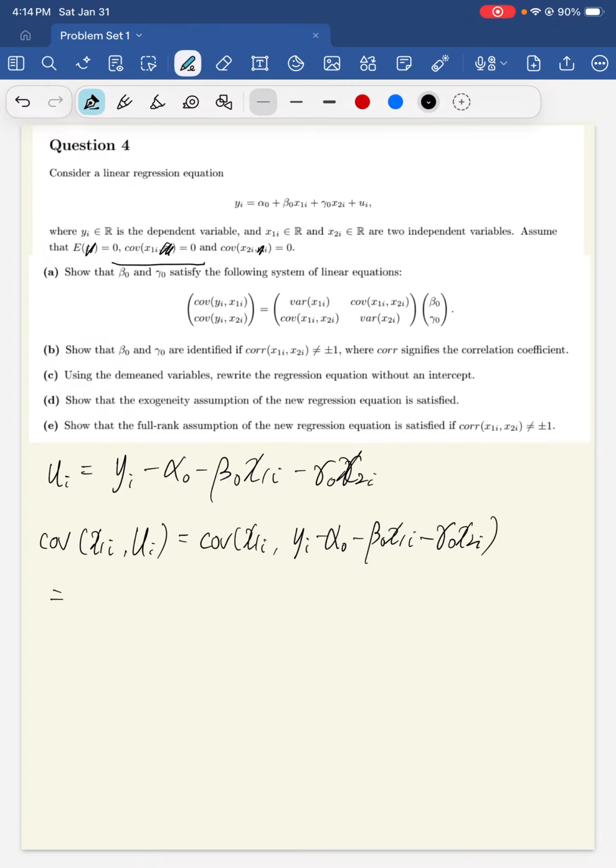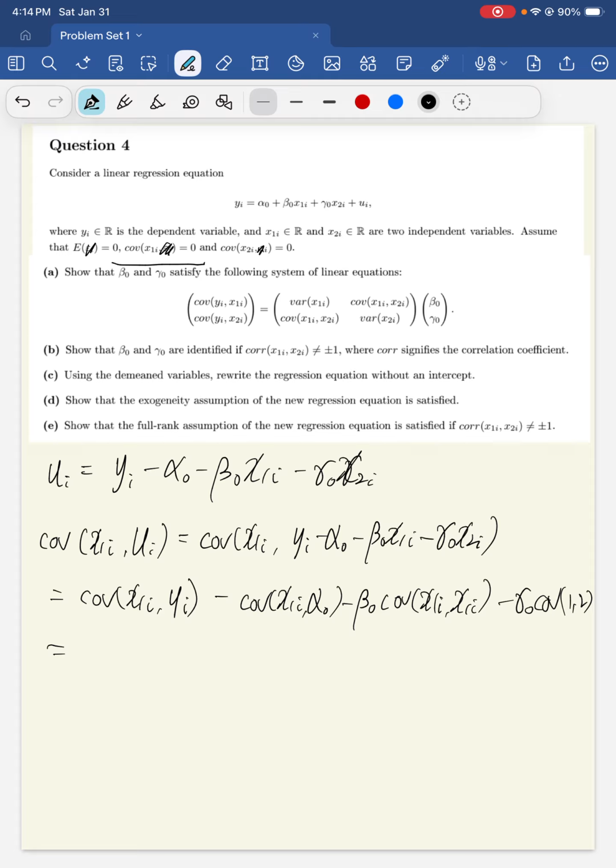If you expand, it is covariance x1i yi minus covariance x1i alpha minus beta 0 covariance x1i x1i minus gamma 0 covariance x1 x2. Simply let's write this way.